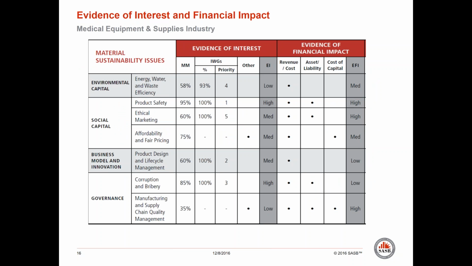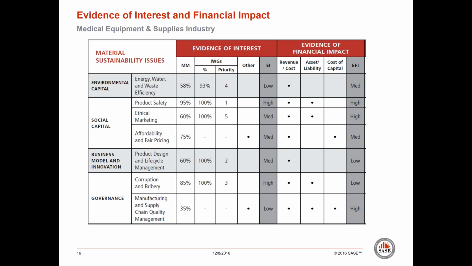This slide gives a sense of the results of our standard setting process for medical equipment and supplies. As Michael mentioned, one of the key components of that process is the IWG, or the Industry Working Group, and this gives the percentage of those participants who agreed that the issue was likely to be material for each of the issues, and then it also identifies the evidence of financial impact and where that's likely to occur.